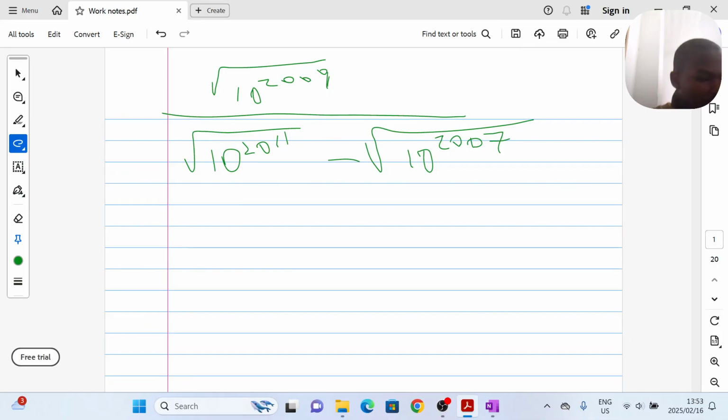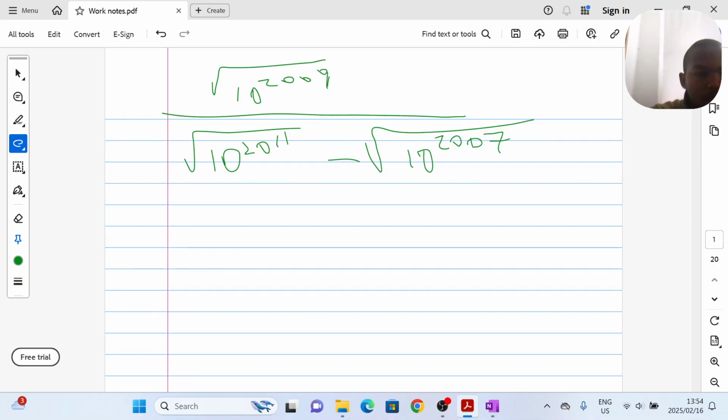Now, the first step is very simple, because you can see that 10 to the exponent 2007 is contained in 10 to the power 2009 and also in 10 to the power 2011.